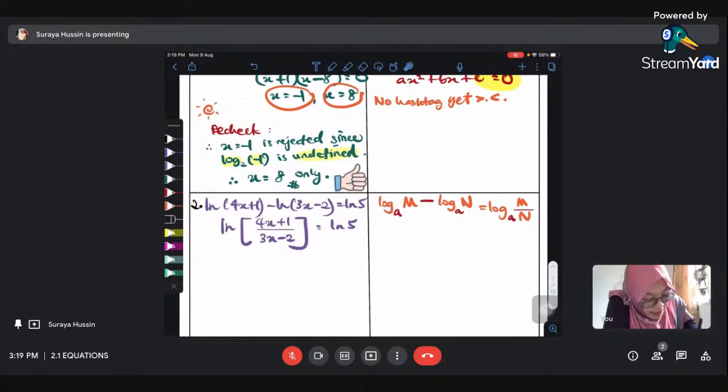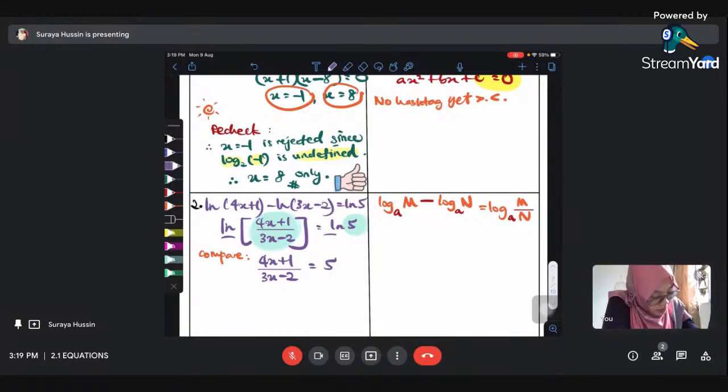So now, barulah you boleh compare. You compare because ln and ln dah settle kan? Ln and ln dah benda yang sama. You bolehlah compare both right and the left. 4x plus 1 divided by 3x minus 2 equals to 5. You boleh compare this thing with this thing.